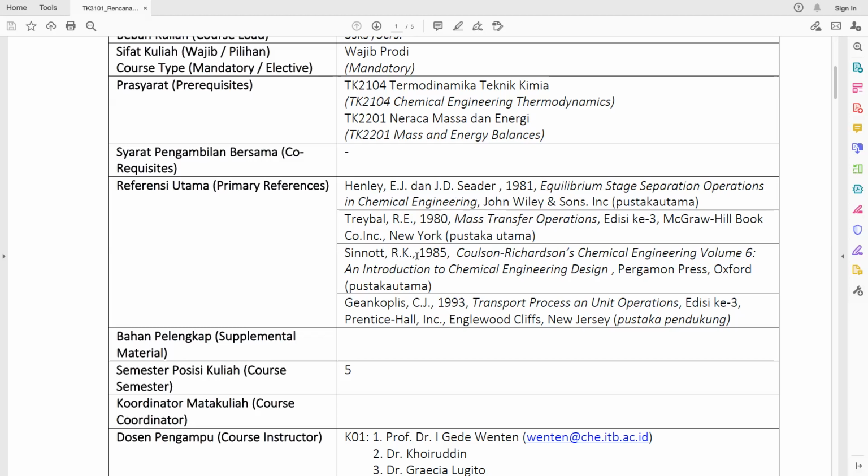This is from Seader and Henley, and also Treybal, but this has been incorporated into the PPT, the presentation that I will give throughout the course. But I also encourage you to read these books as additional books, even though they are the primary references.